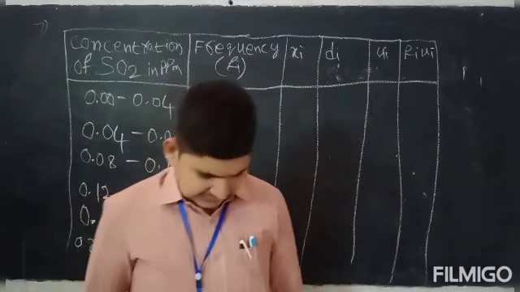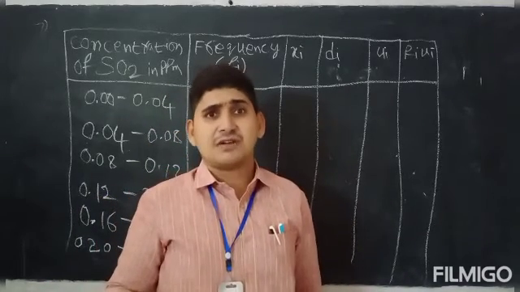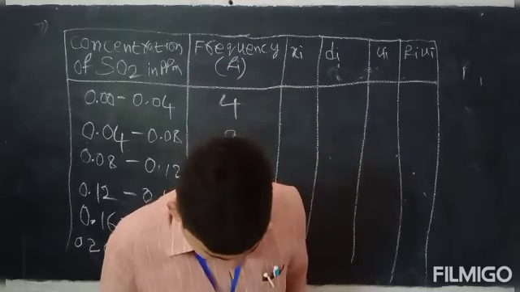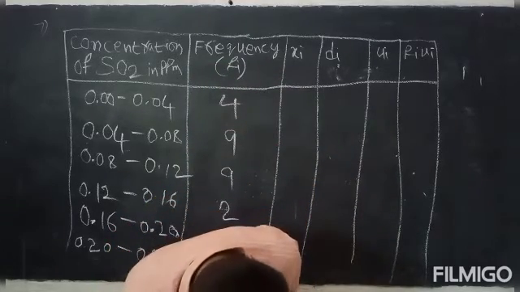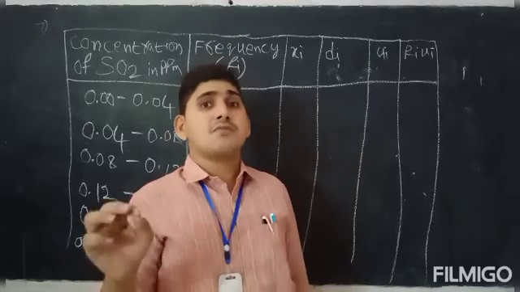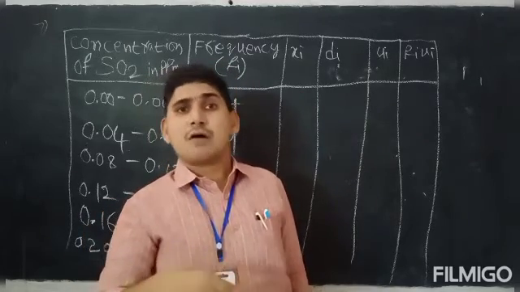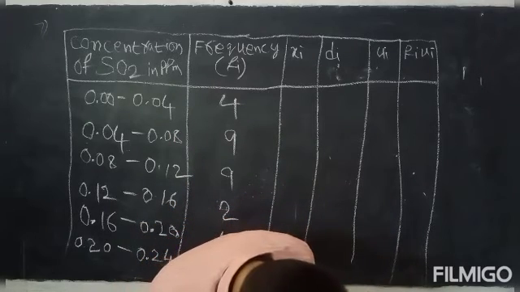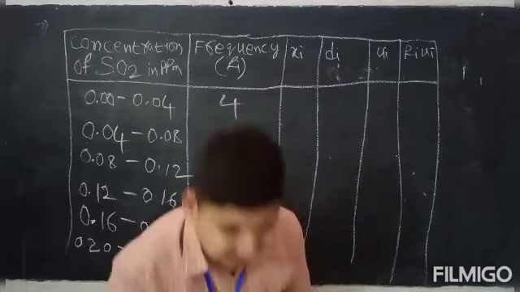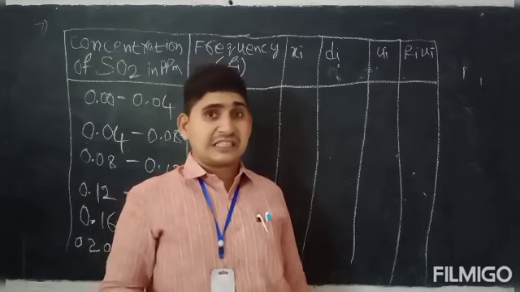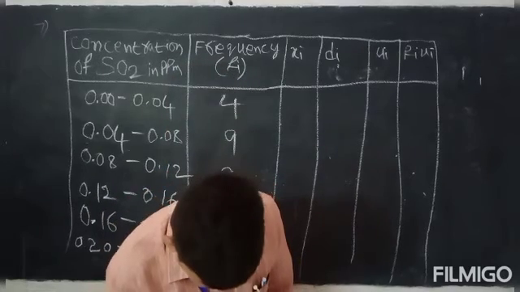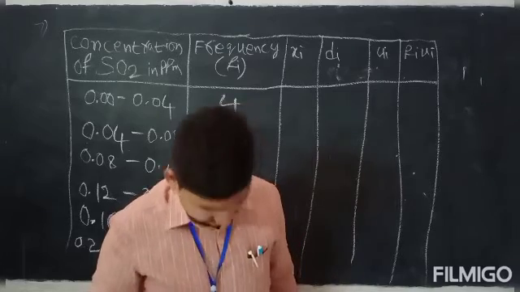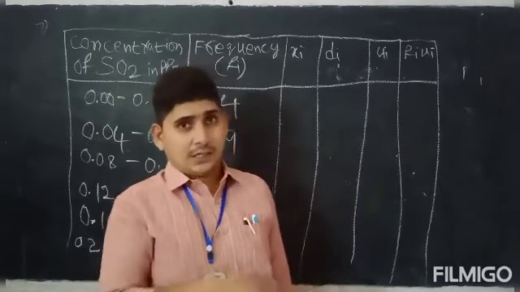To find the concentration of SO2 gas in the air in parts per million, ppm, the data was collected for 30 localities in a certain city and is presented below.